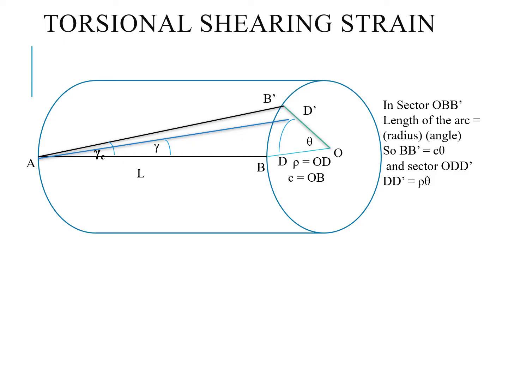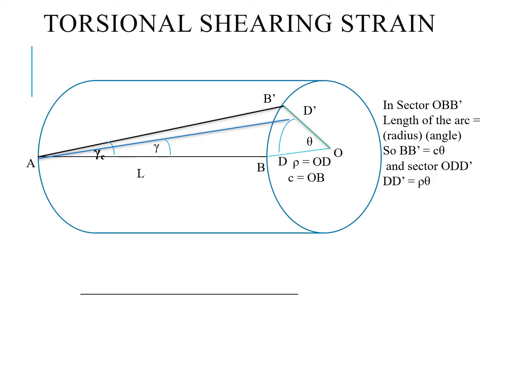In this case the arc length is BB dash, the radius is C, and theta is the angle. Theta should be in radians because it is a requirement of the formula. If theta is in radians, the arc length and radius will be in the same unit, maybe meters, feet, or inches. So in the other sector ODD dash, DD dash will be equal to rho theta, following the same formula.